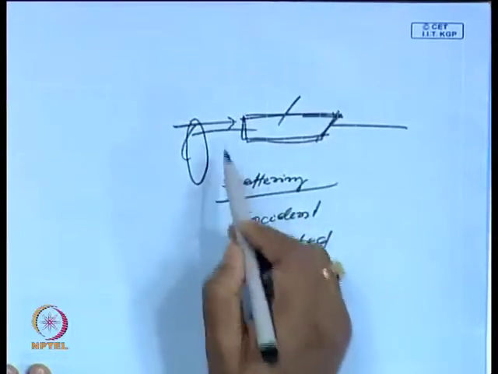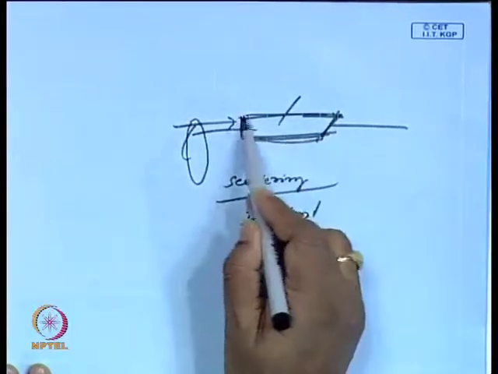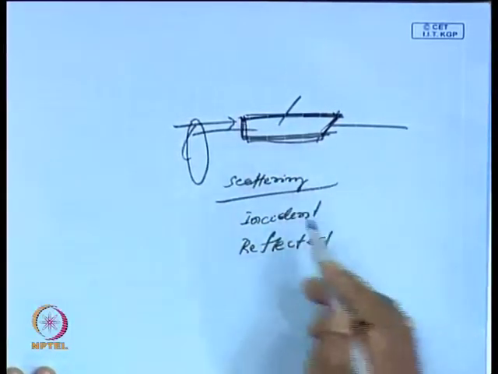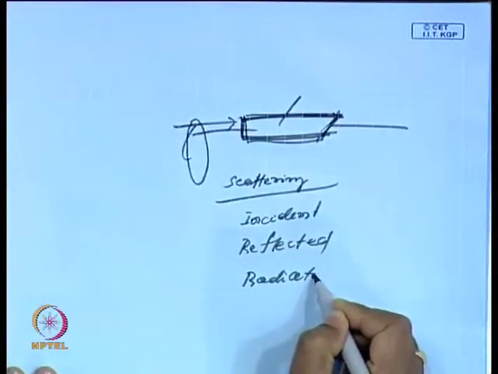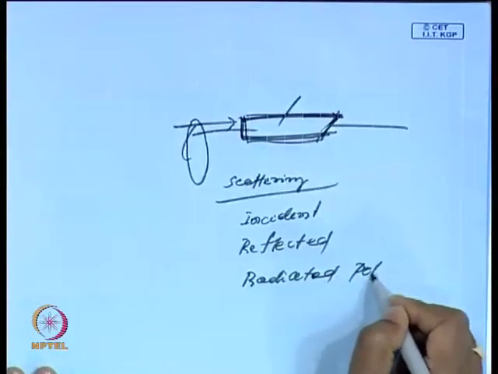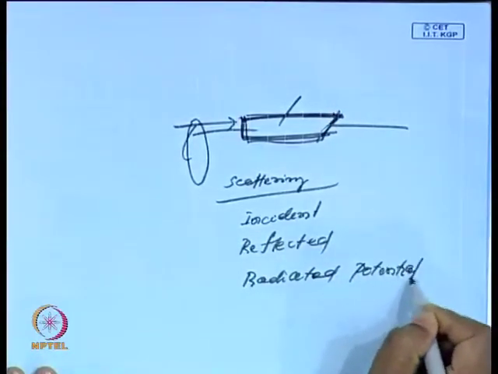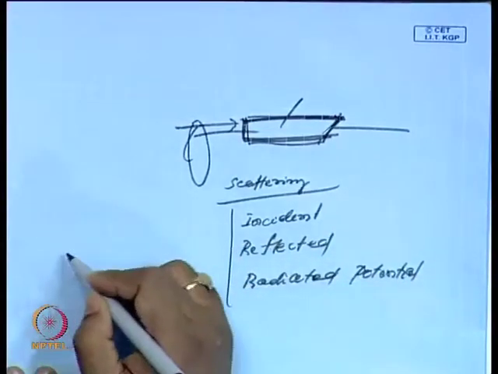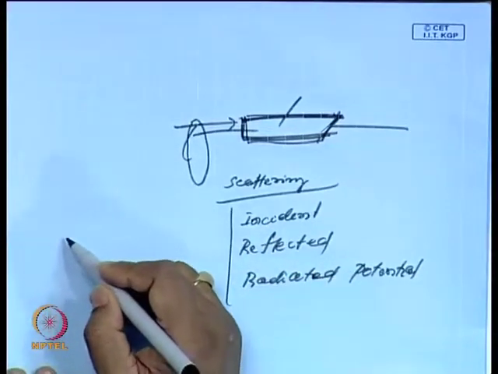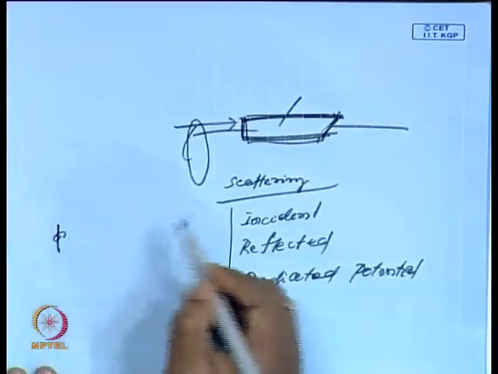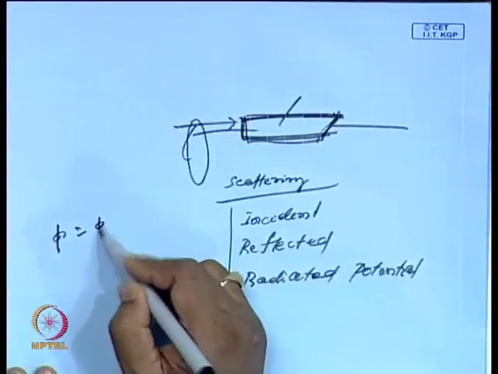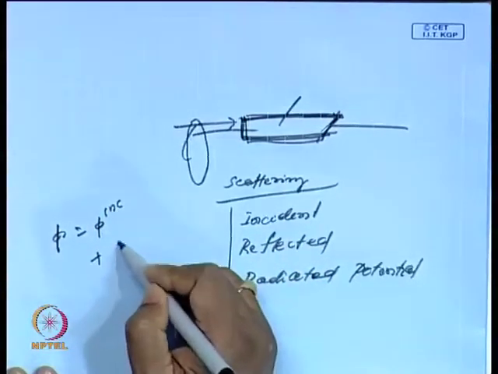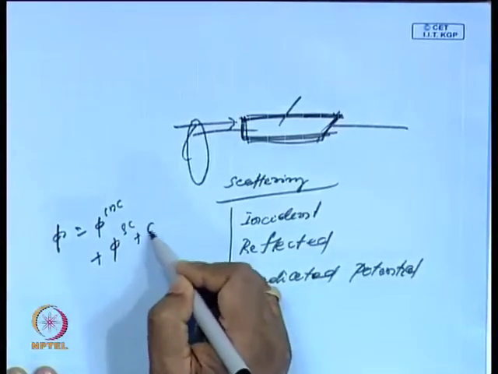But when this ship is moving or the body is oscillating, then we will have a radiated potential. So in the process, because the superposition principle holds good, we can always find the total potential phi as a combination of the incident potential plus the scattered potential plus the radiated potential.